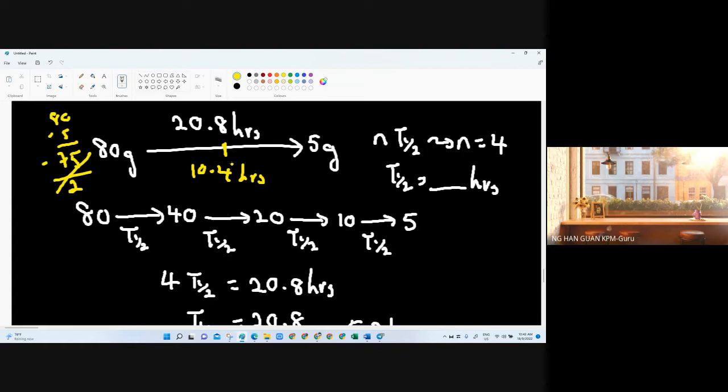Remember, half-life takes constant time to reduce by half. Constant time reduce half. So you cannot do normal mathematics like that. The concept is wrong.